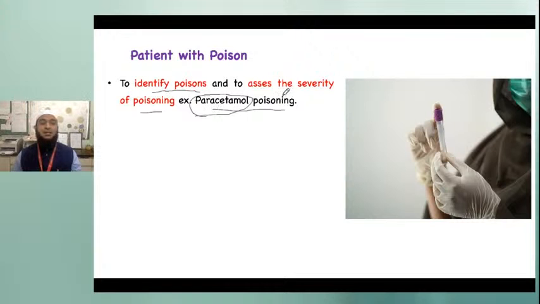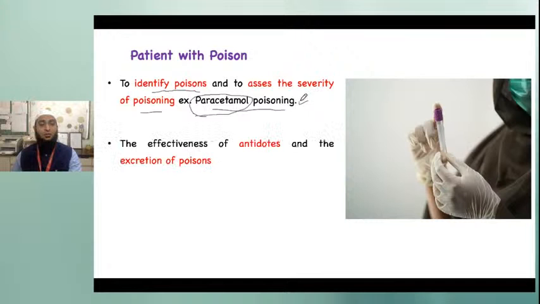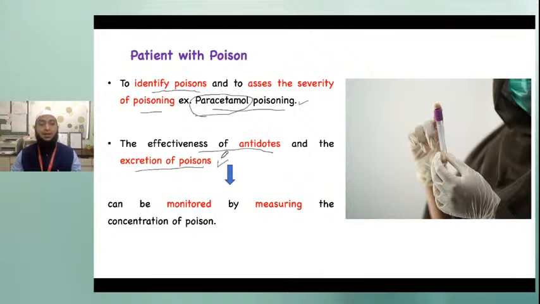So paracetamol poisoning you can identify with the help of measuring plasma concentration. Likewise, you can also measure the plasma concentration to ensure the effectiveness of the antidote and of any drug which helps in the excretion of the poison. So the effectiveness of both the antidote and the excretion of the poison can also be monitored by measuring the concentration of that drug or the metabolite.